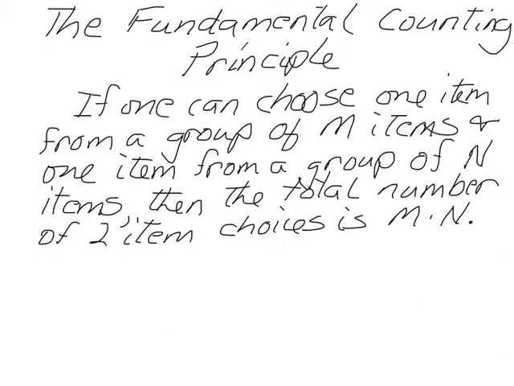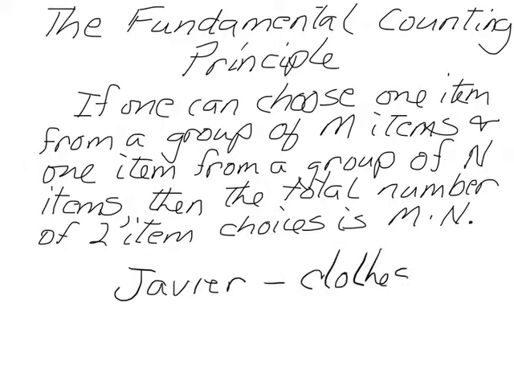So think about that for a minute, and here's an example that I'd like to explain to you. So suppose we have Javier, and Javier is a clothes hound, which means that Javier likes to wear lots of nice clothes when he's on dates or going out.